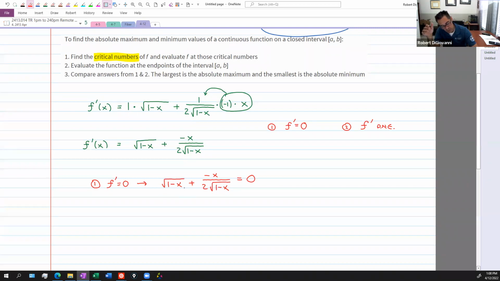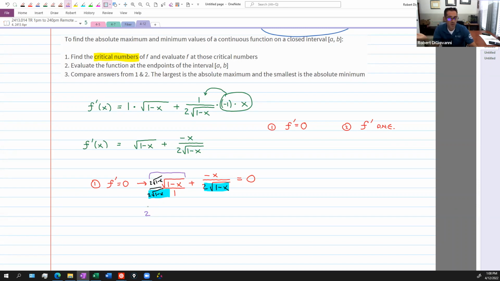Get them into one fraction first. So I'm going to rewrite the one on the left as over 1, and that means I have to get a common denominator. So I'm going to have to multiply the first fraction on the top and bottom by 2 square root of 1 minus x. That way they will both have the same denominator. When I multiply on top, I'm going to have a 2, and then the square root of 1 minus x times the square root of 1 minus x is the same as the square root of 1 minus x squared.